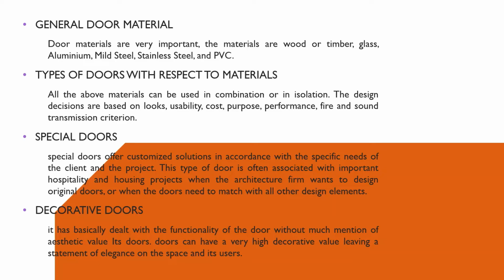Types of doors with respect to materials: all the above materials can be used in combination or in isolation. The design decisions are based on looks, usability, cost, performance, fire, and sound transmission criteria.